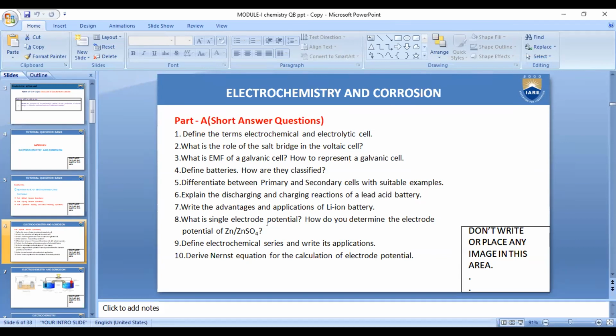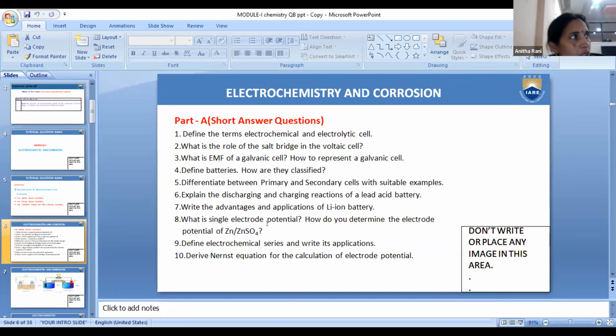Potential difference between electrode and electrolyte solution. If the electrode is undergoing oxidation, the electrode will lose electrons.